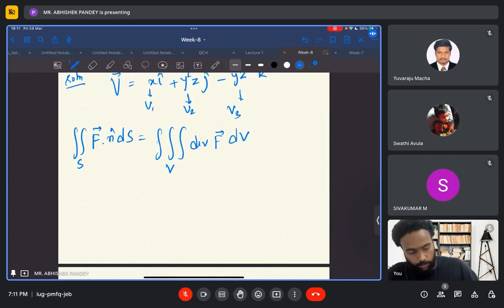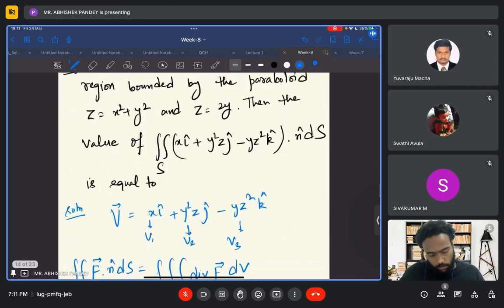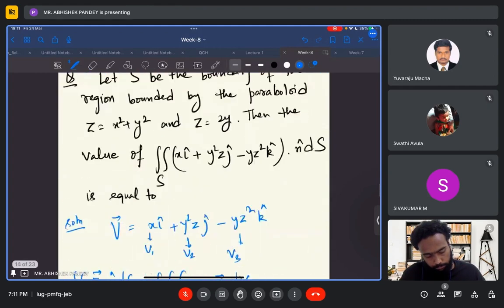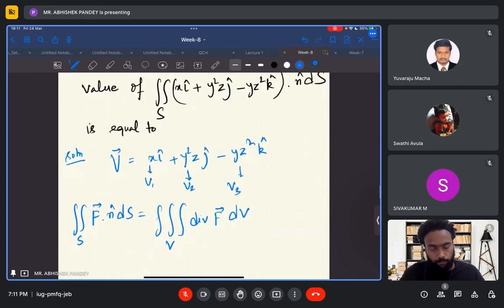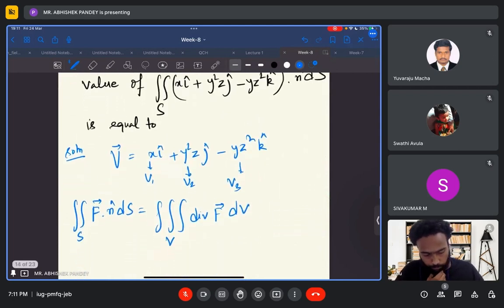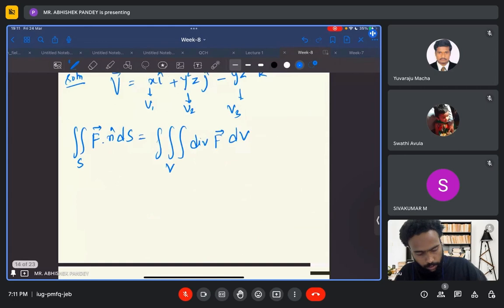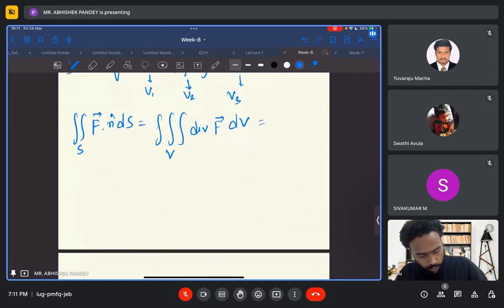What is the divergence of F? 2yz minus 2yz cancels out, so it is only 1. So this will be dz dx dy, the volume element.